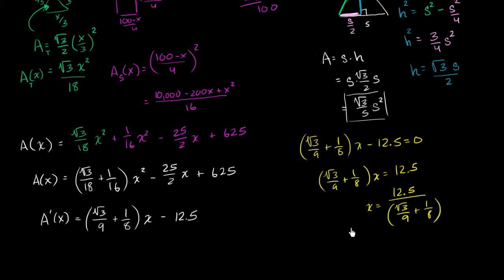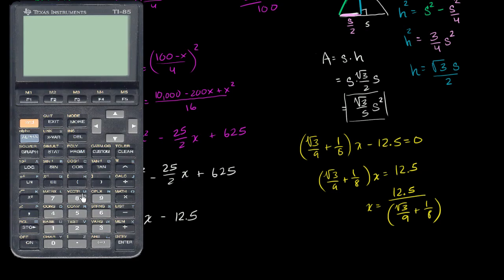And I will use a calculator to figure out what this is roughly equal to. So let's turn on our calculator, and we get 12.5 divided by the square root of 3 divided by 9 plus 1 divided by 8. And the order of operations should make everything work out right over here.